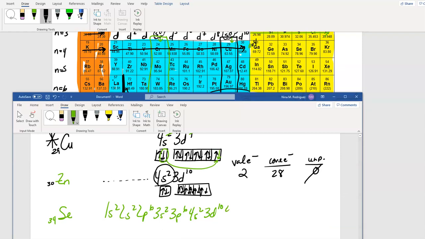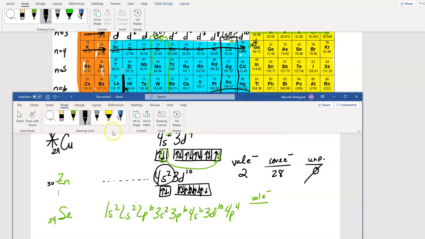Okay, so now it's 4p, because now I'm in the P block. Here comes selenium. 4p, 1, 2, 3, 4. 4p4. Now you know I'm going to ask it, how many valence electrons? Which orbitals, plural, are the highest quantum number?